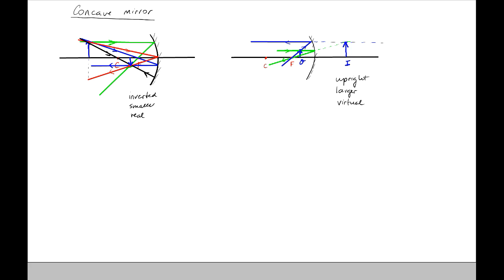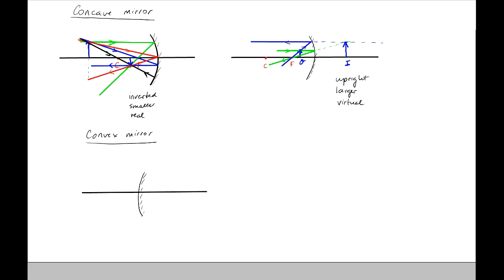All right, let's look at convex mirrors. So here's a principal axis, and let me draw a convex mirror.